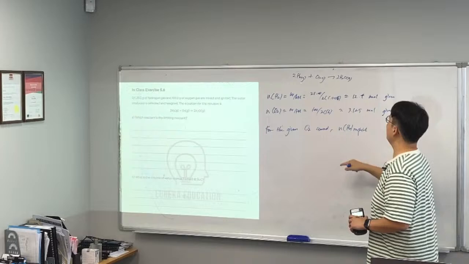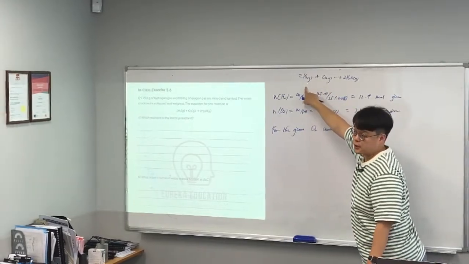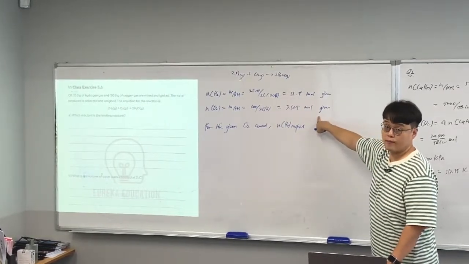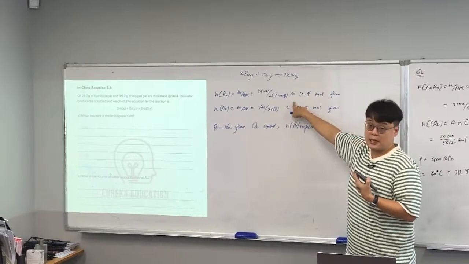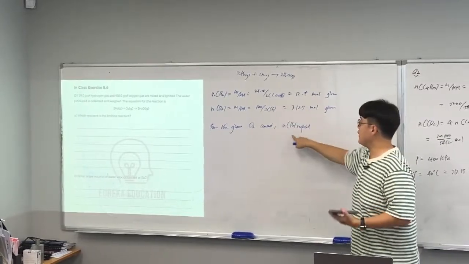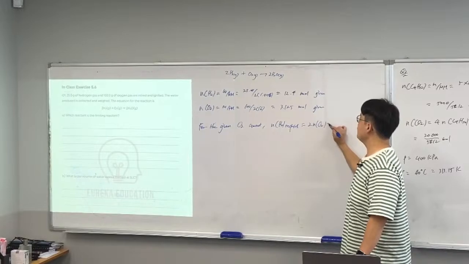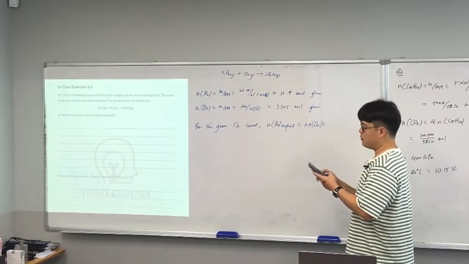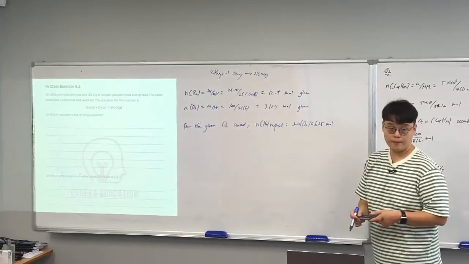For 1 oxygen, we need 2 hydrogen gases. I'm going to take that I have 3.125 moles given. Then just calculate how much of the hydrogen gas is required. It can be found by 2 times n of the O2 given. That is 2 times 3.125, giving you 6.25 mole required.